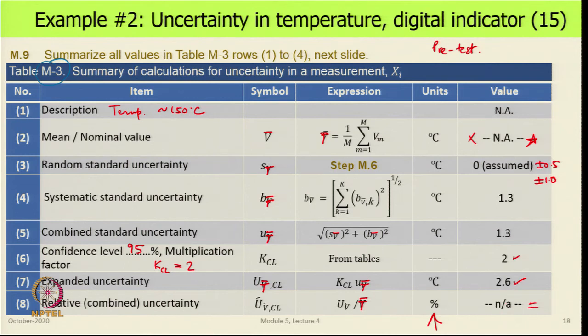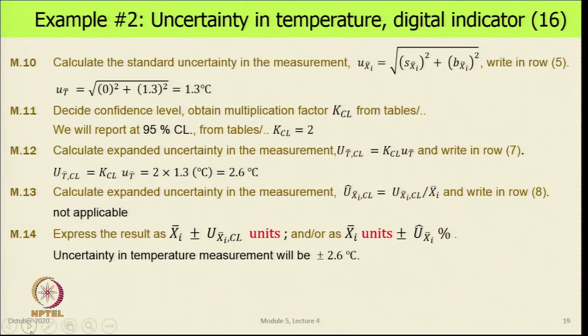So, having done all that, this is the number that we wanted for which we did this whole exercise. All of those steps in the table we have put here. UT bar is equal to 1.3 degrees Celsius. We define the confidence level KCL as 2. Then we calculate expanded uncertainty in the measurement UT bar, and this is KCL times UT bar, 2.6 degrees Celsius.